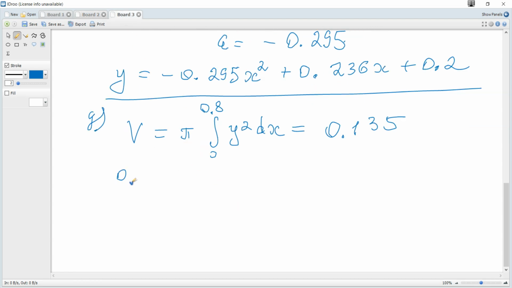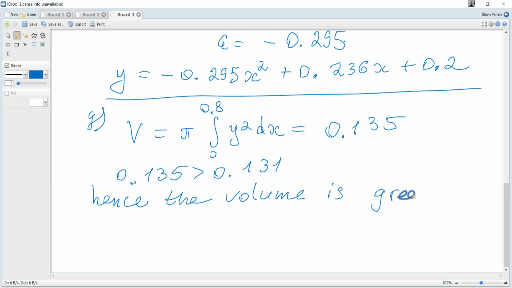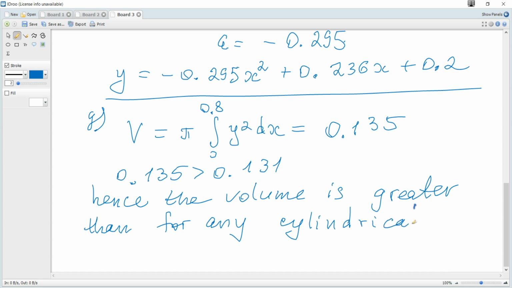So since 0.135 is greater than 0.131, hence the volume is greater than for any cylindrical barrel.